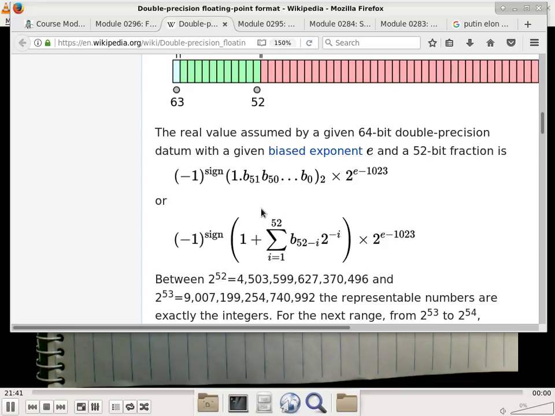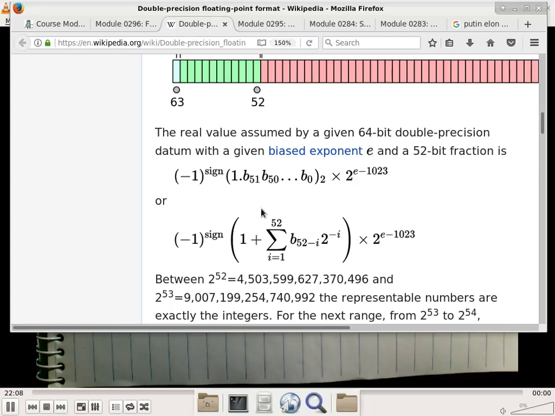The second part, which is in green, is from bit 52 to 62. So there's a total of 11 bits. That is the exponent. When you consider these 11 binary digits as an unsigned number, in the documentation here, they call it E. But E itself is not the exponent of 2. It is offset by 1023.